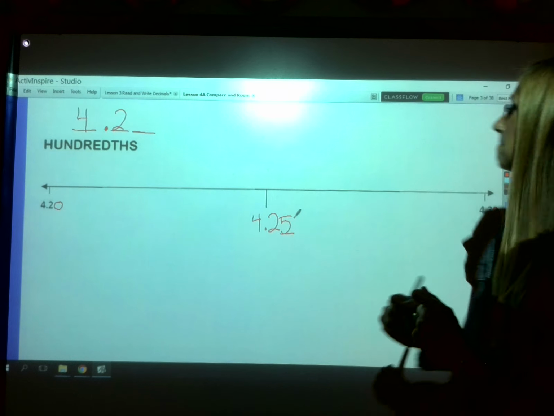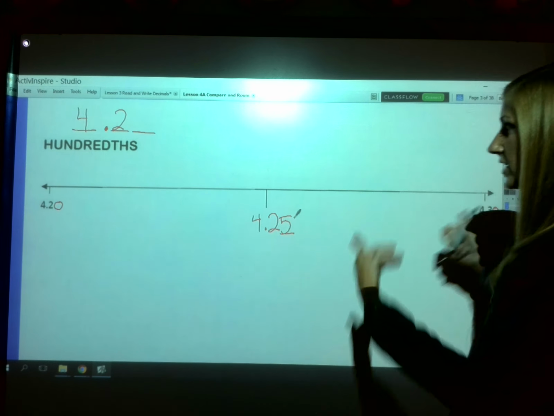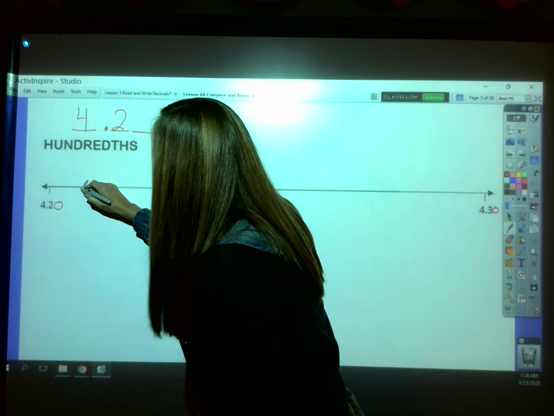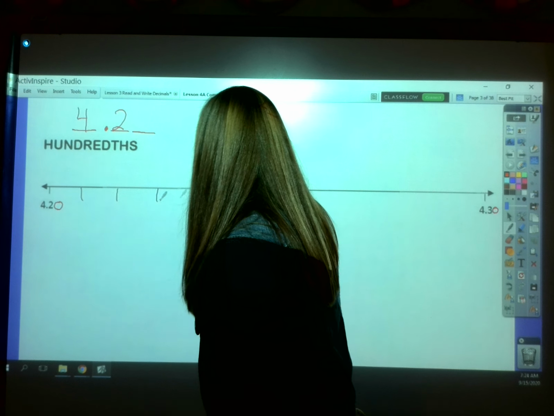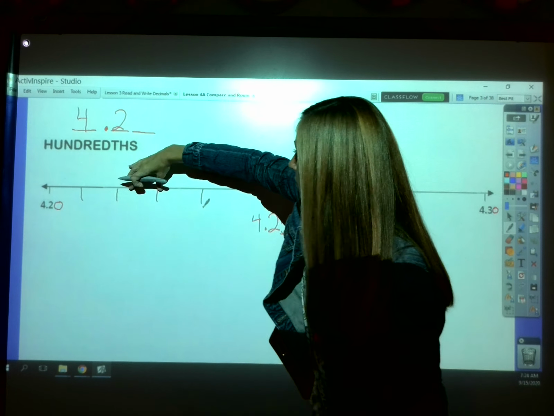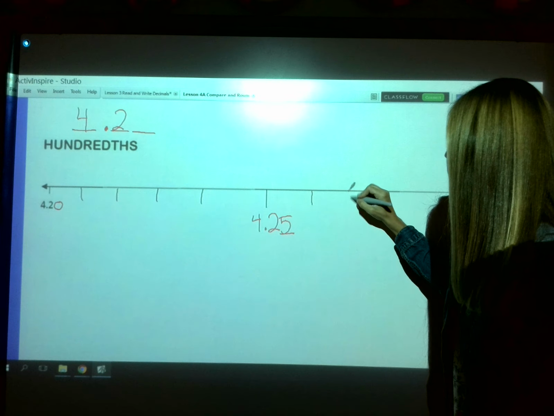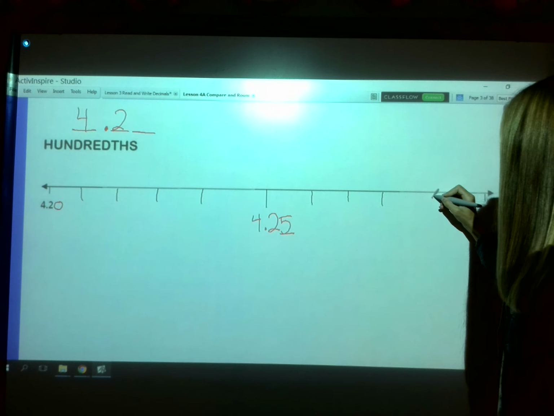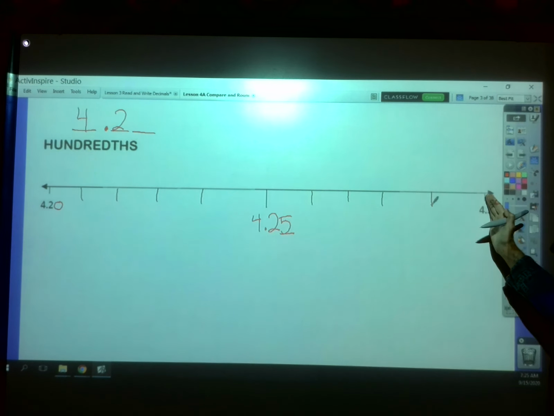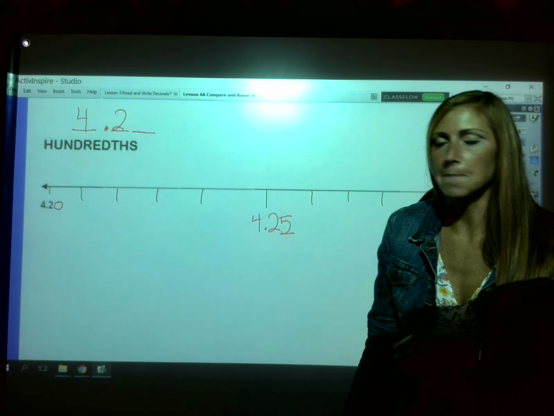Did you see it? So now it's like cutting it into 10, just like we did before. So 1, 2, 3, 4, 5. 1, 2, 3, 4, 5. So let's look at these values and how they would change, okay?